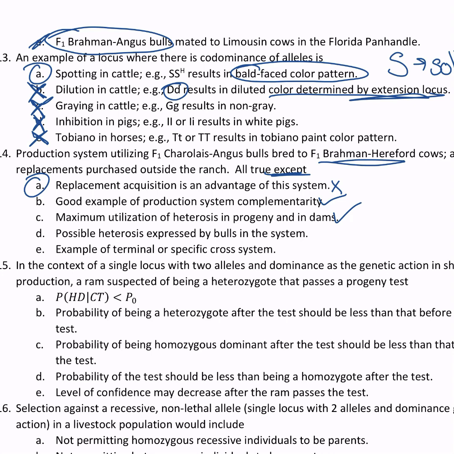Possible heterosis except by the bulls in the system, yes, because we have a crossbred sire, and we have an example of a terminal or specific cross. When you cross these animals, you are not producing animals that look like either of the parents, which is why you have to buy replacements. So the incorrect answer is replacement acquisition as an advantage of this system.